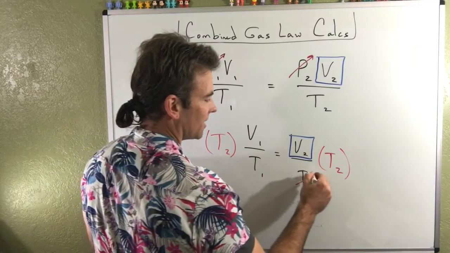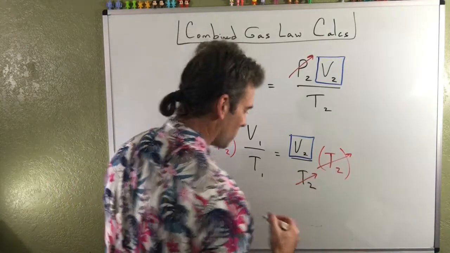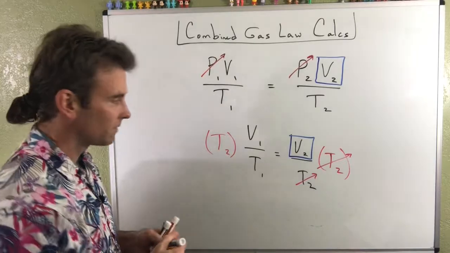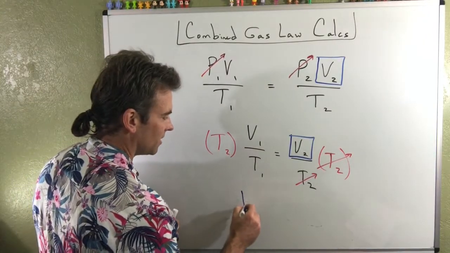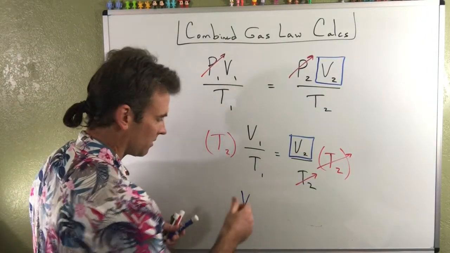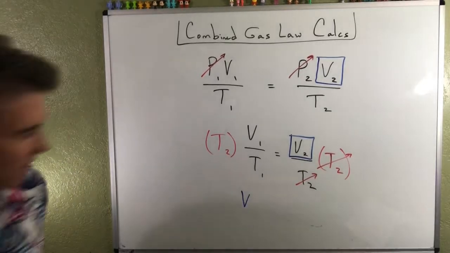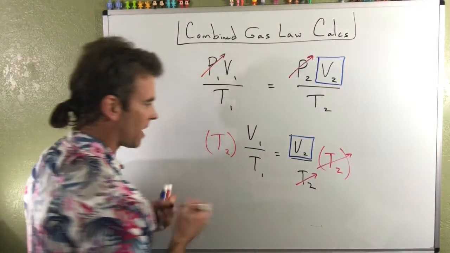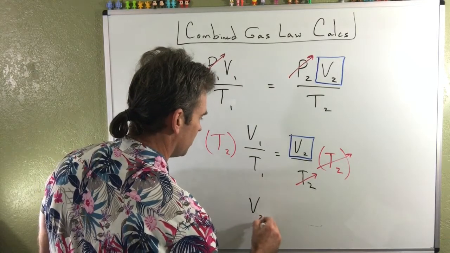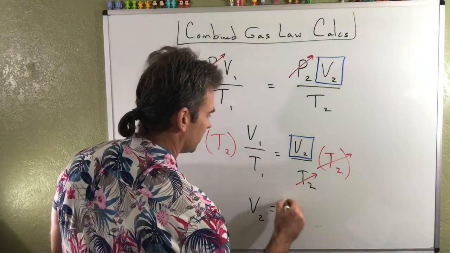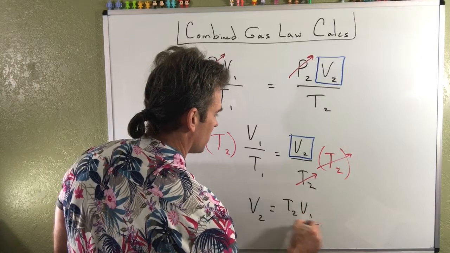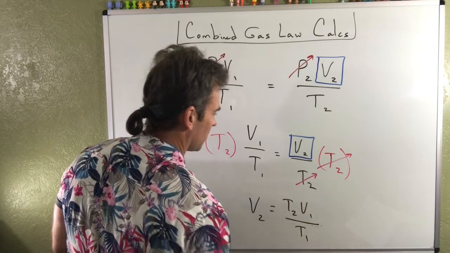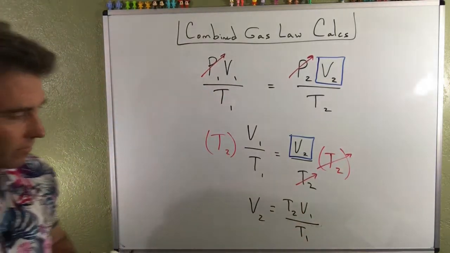By doing that, this guy goes away, and what I'm left with is a new manifestation of the combined gas law, which is V2 equals T2 times V1 over T1.